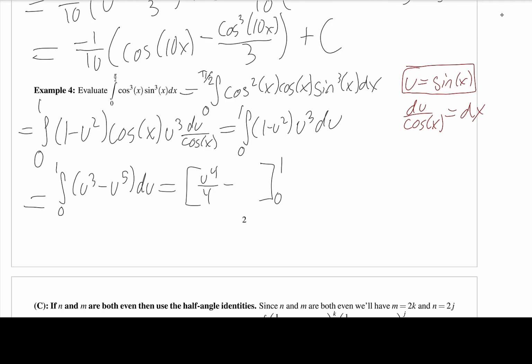Let me clean up this fraction a little bit, u to the 6th over 6. When we plug in 0, everything becomes 0. So really all I'm calculating is 1/4 minus 1/6, which gives 6 over 24 minus 4 over 24. So this will be 2 over 24, which is equal to 1 over 12.